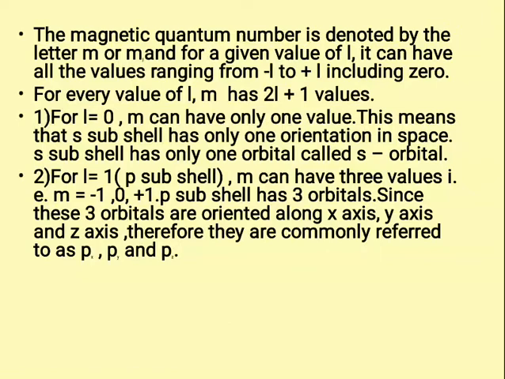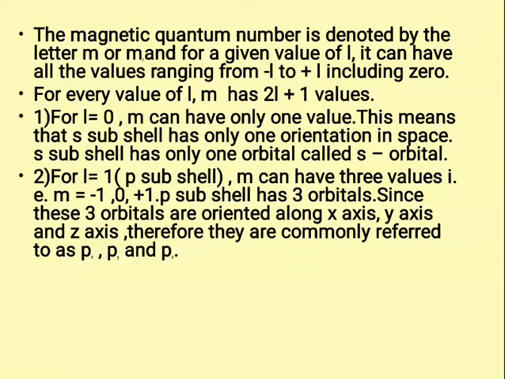For example, for L equals 0, m can have only one value, that is 0. That means the s subshell has only one orientation, so only one orbital for s is possible.